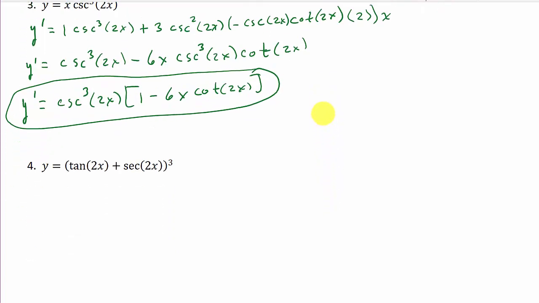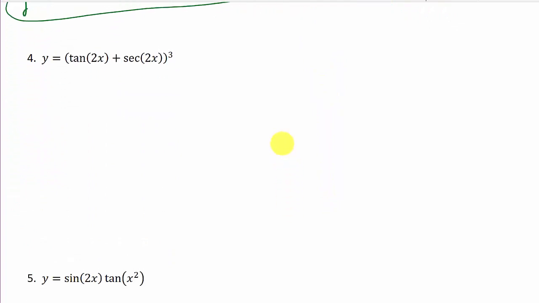Alright, so let's look at the next one. Alright, so I've got tangent 2x plus secant 2x, and then all of that's in parentheses cubed, so we've got chain rule here.